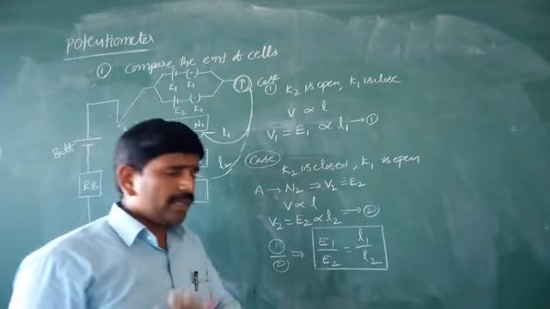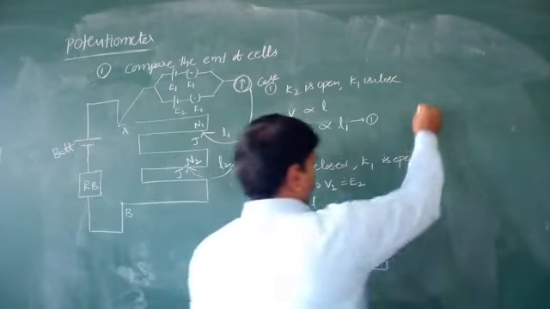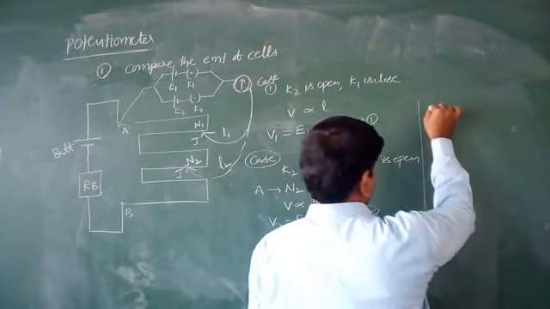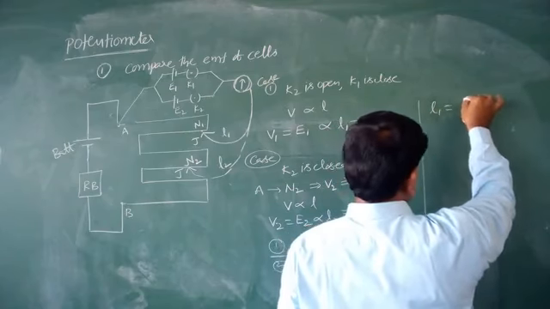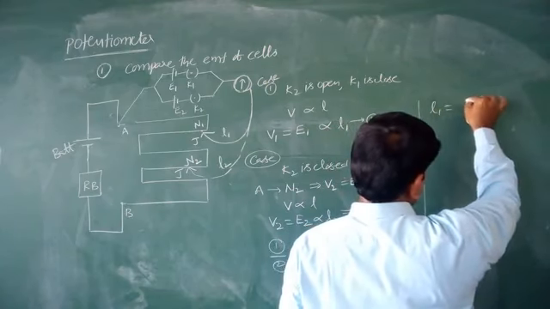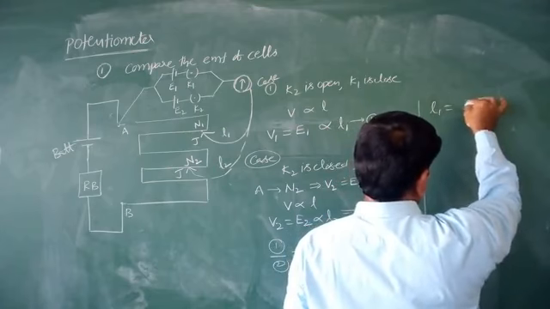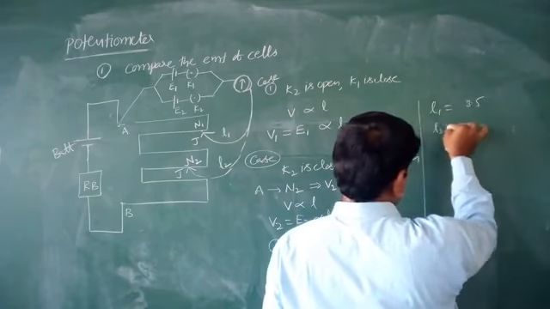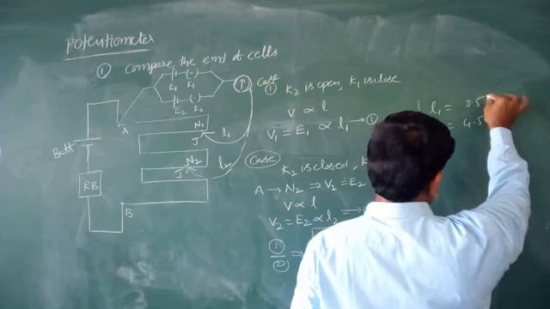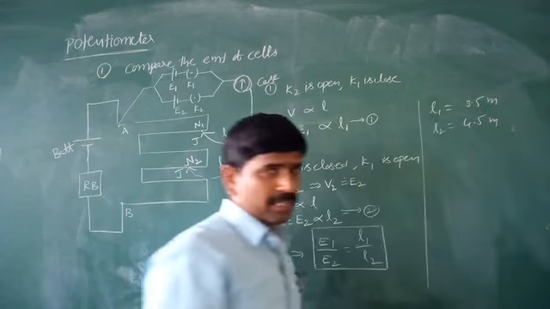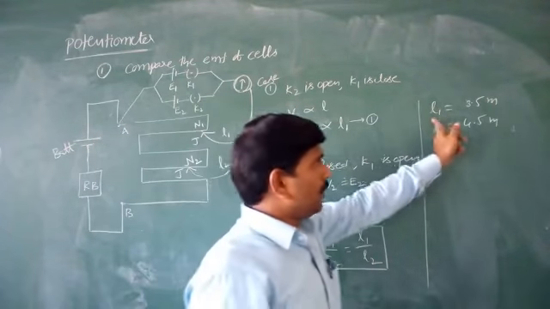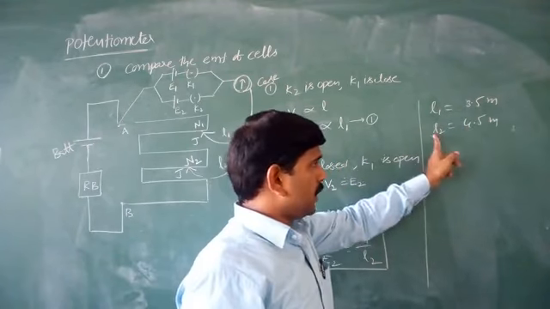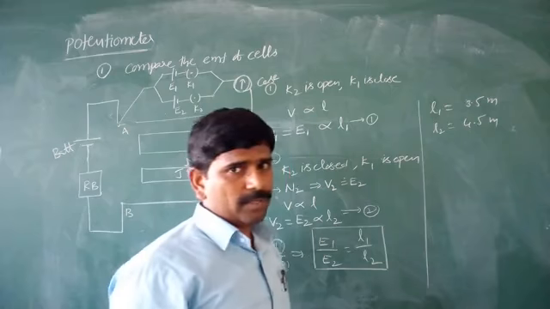In case you take an example, say L1 is equal to 3.5 meters and L2 is equal to 4.5 meters.